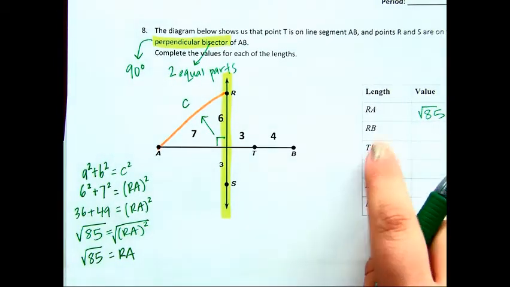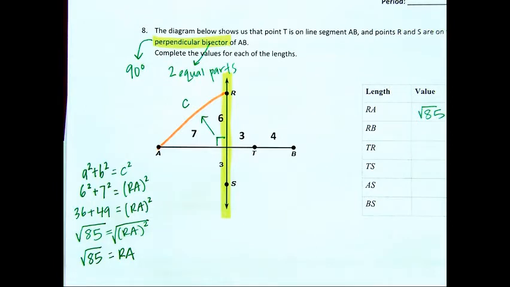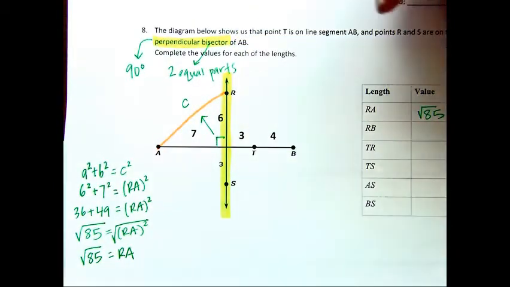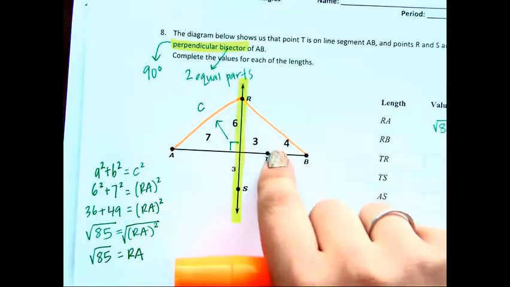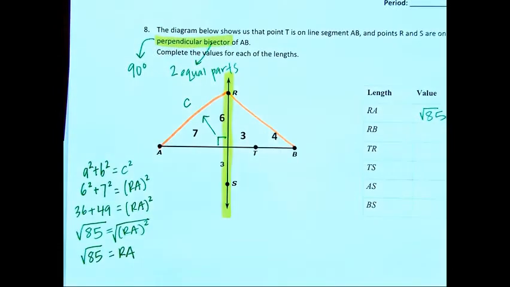Now they're asking me to find RB. And if you guys know what a perpendicular bisector is doing, it's cutting it into 2 equal parts. The perpendicular bisector theorem says that these 2 orange lines will be the same distance.